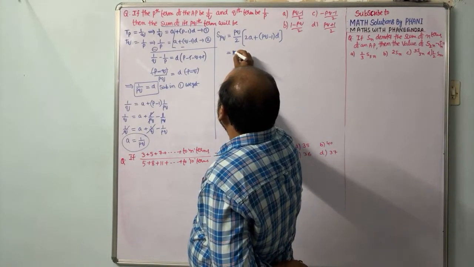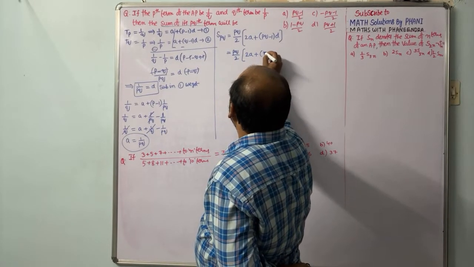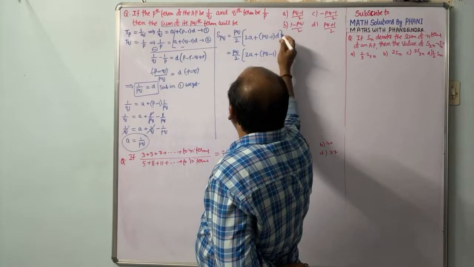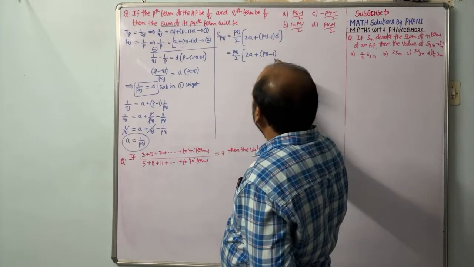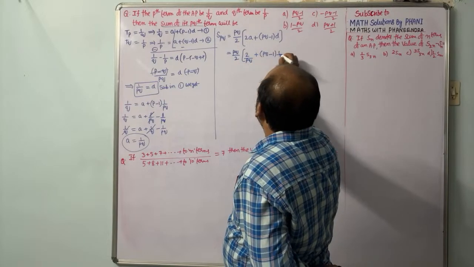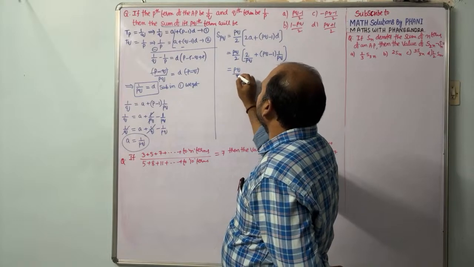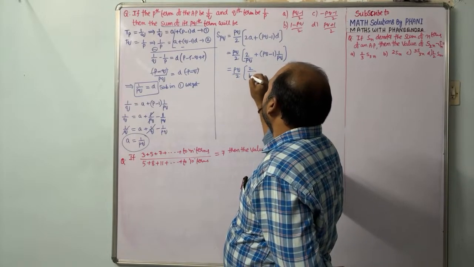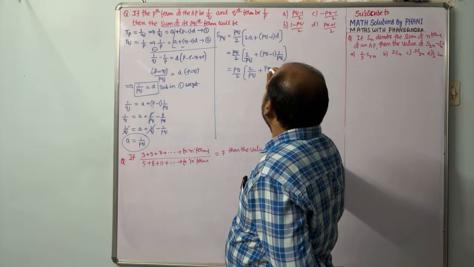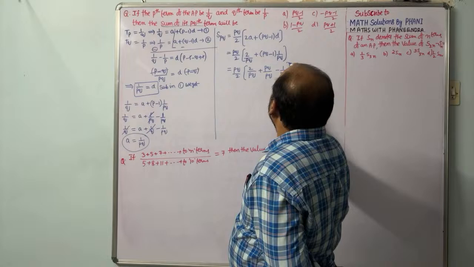So next, pq by 2 into (2a plus (pq minus 1) d), where the d value and a value both are equal to 1 by pq. So pq by 2, into 2 by pq plus pq by pq minus 1 by pq.